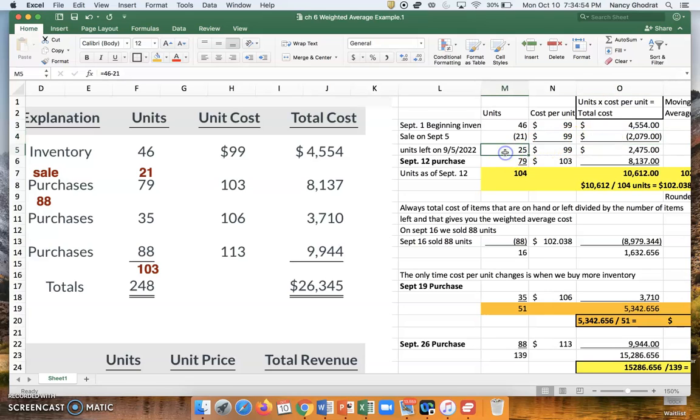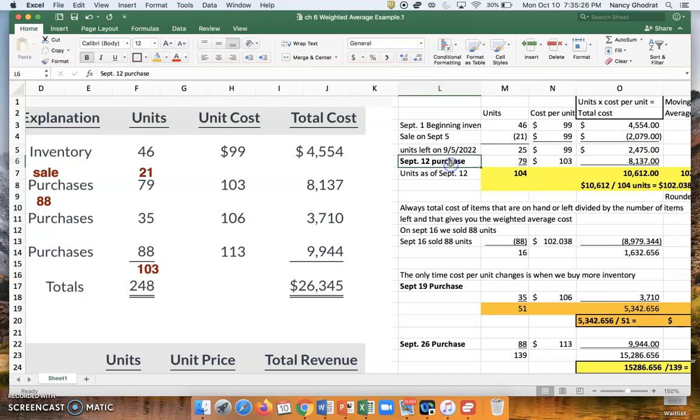So how many units are left? 46 minus 21, 25 units are left as of September 5th. Their cost is still $99. Why? Because the units left after the first sale are coming from the beginning inventory. So $99 times 25 units, the total cost is $2,475.